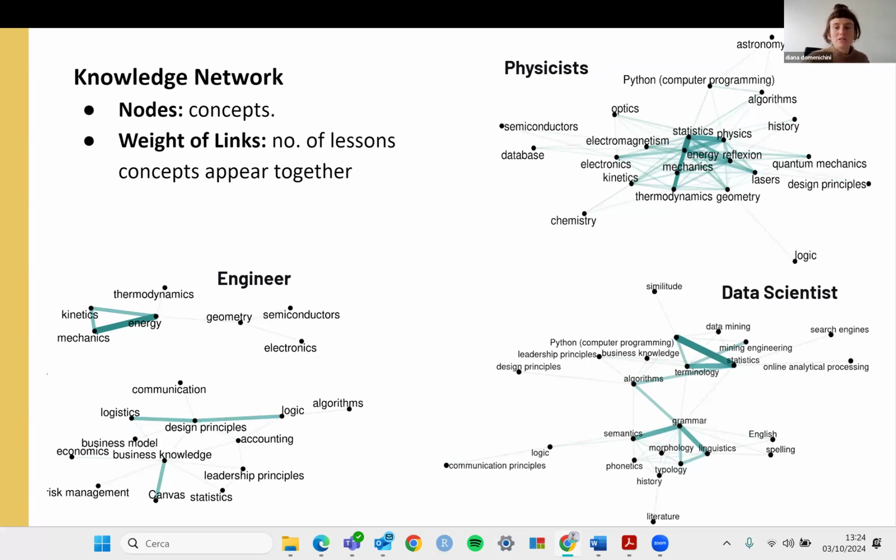Maybe we see that the students with a background education in physics are missing, for example, design principle concepts or leadership principle concepts, and we may want to address this by giving the physics students some educational material about design principles or leadership principles. So you can actually see where the gaps in knowledge are.